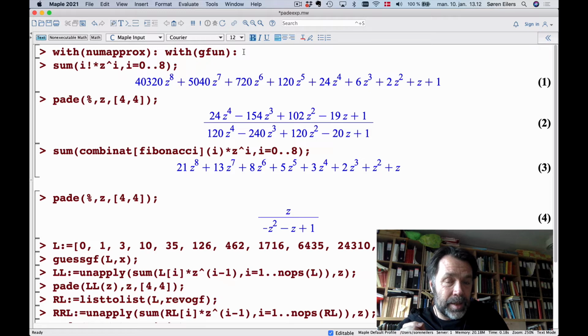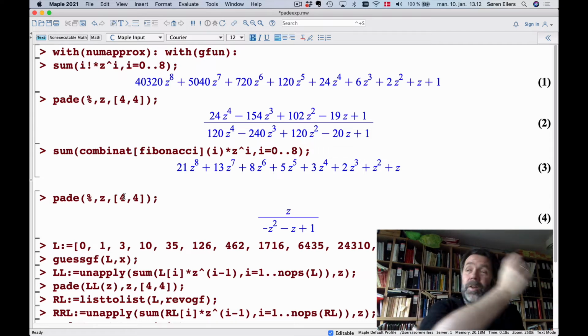But as you can see, I get something of degree 1 on top and degree 2 below. So it's actually the 1-2 approximation. What's happening is that we're asking for a big Pade approximant, one that has many choices for coefficients, but the one Maple chooses for us has a lot of zeros.